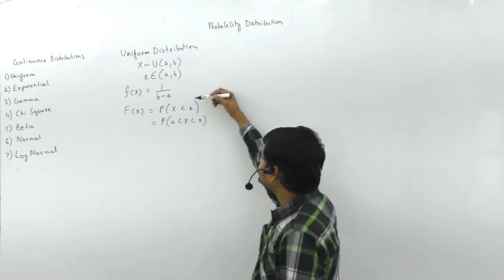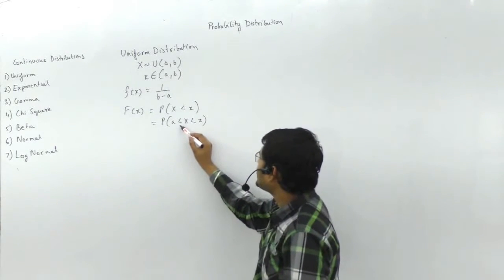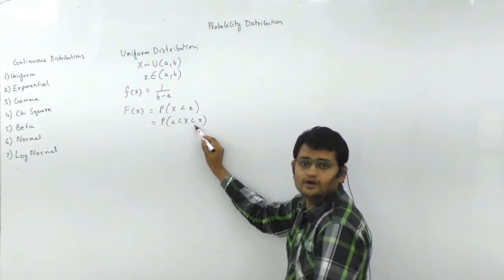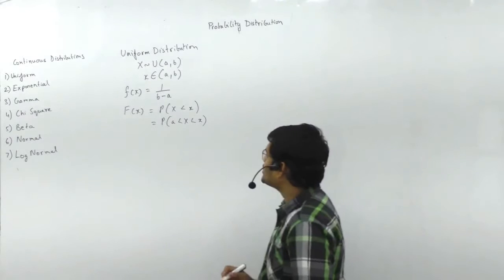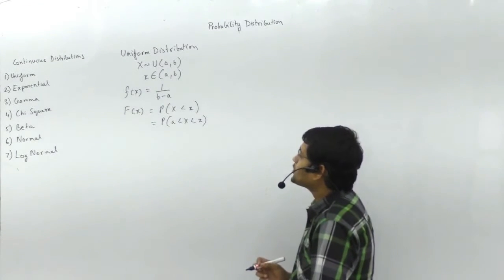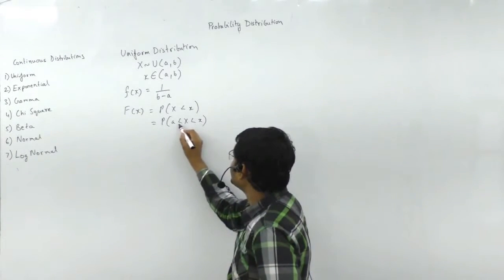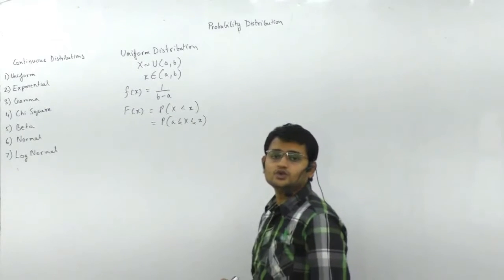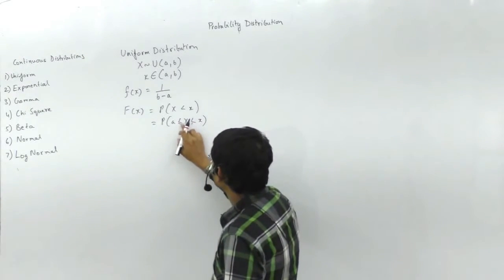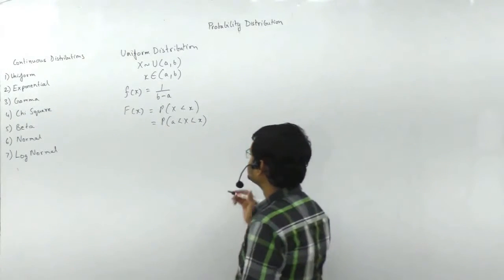Now if you see, I have not written less than or equal to, neither have I included point a here nor point x here, just because at any given point in a continuous distribution probability will always be 0. So therefore if I include or if I do not include, it is the same values. It's just preferable not to write equal to signs.